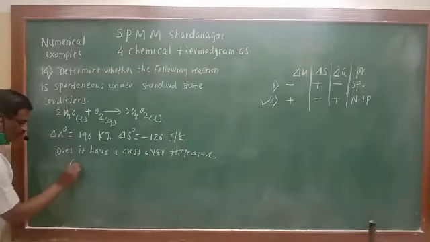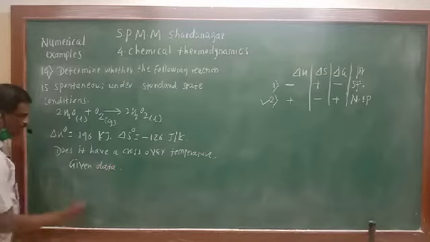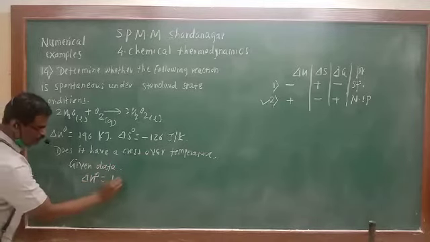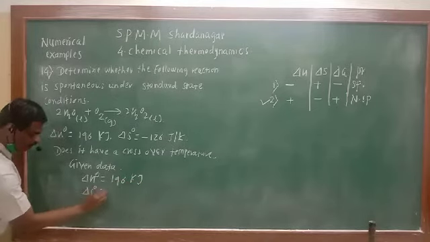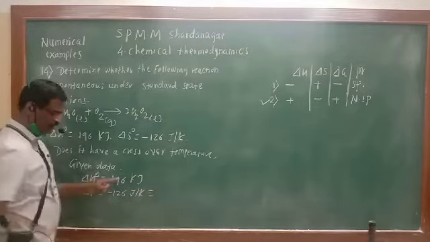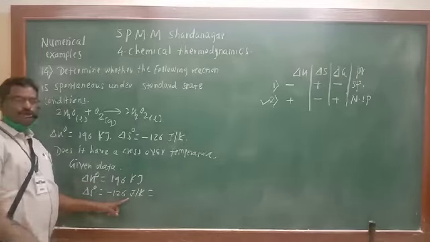So here, given data of this problem: delta H they have given as 196 kilojoule, delta S naught minus 126 joule per degree Kelvin. This is kilojoule, so convert this also into kilojoule.